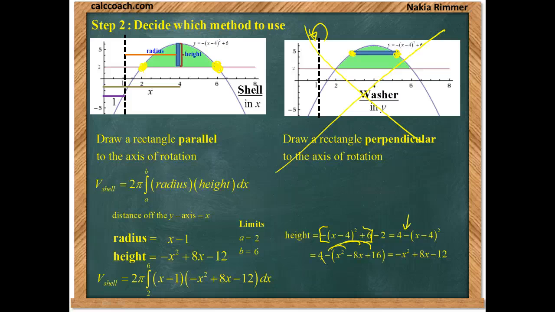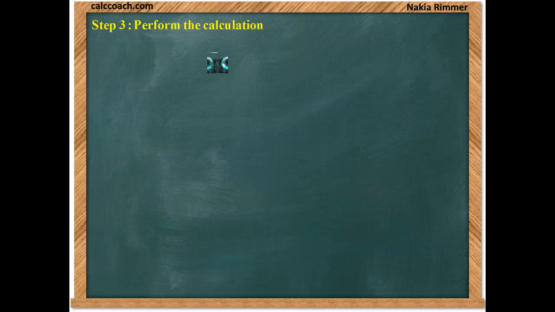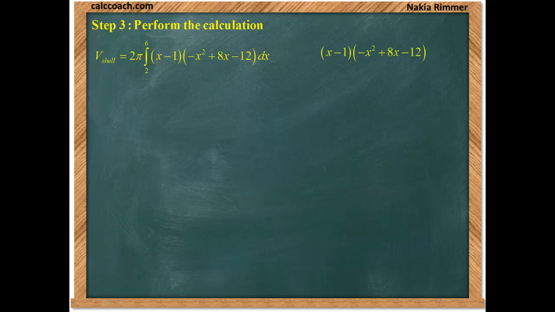Now let's perform the calculation. We're going to have to multiply out x minus 1 times this quantity for the height, negative x squared plus 8x minus 12. Let's multiply that out. So let's distribute the x across. That's just going to up the power on each of these and give negative x cubed and positive 8x squared and minus 12x.